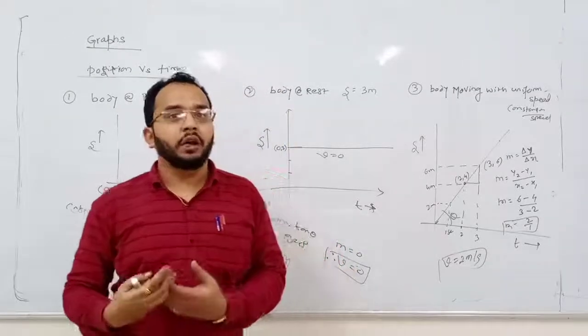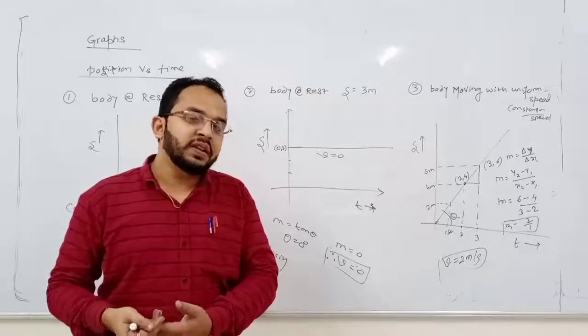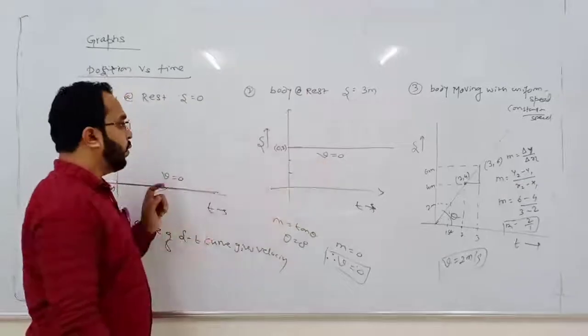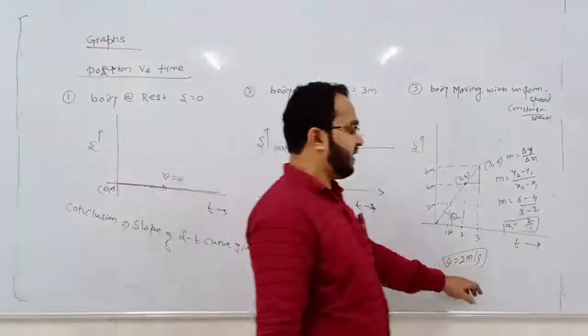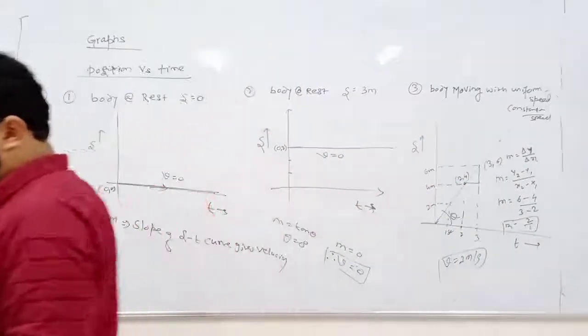But when it does not move with the time, it is stationary as the time passes, that means it has 0 velocity. Here velocity is 2 meters per second. Understood? Okay.